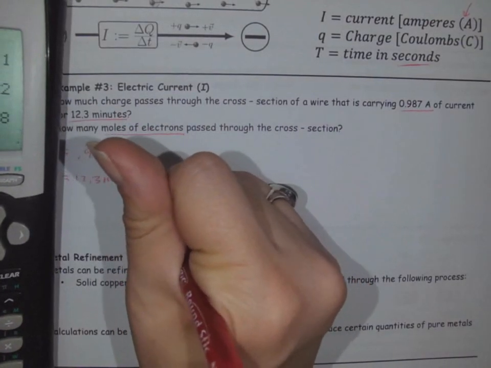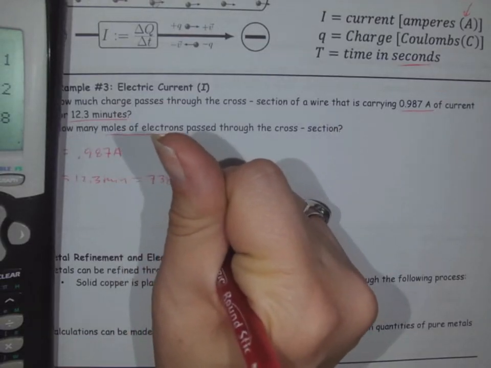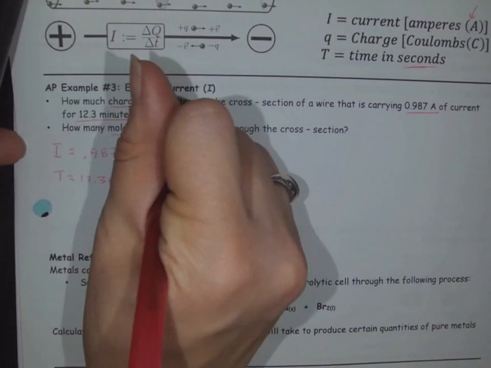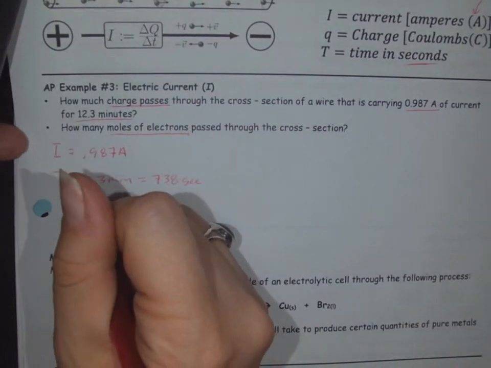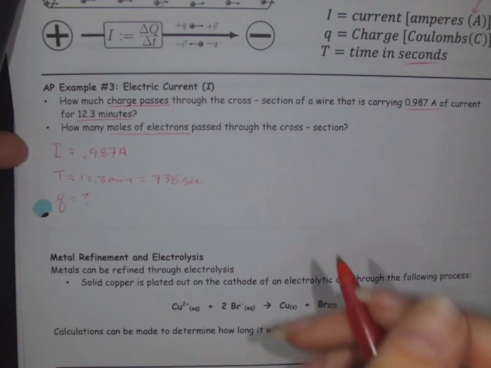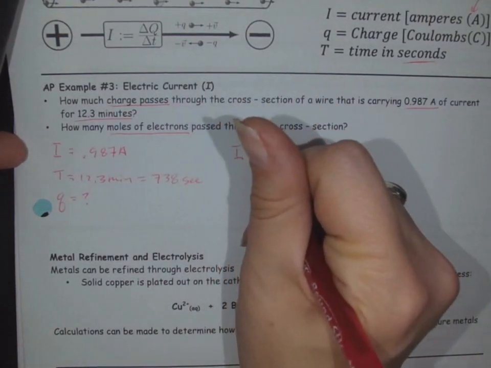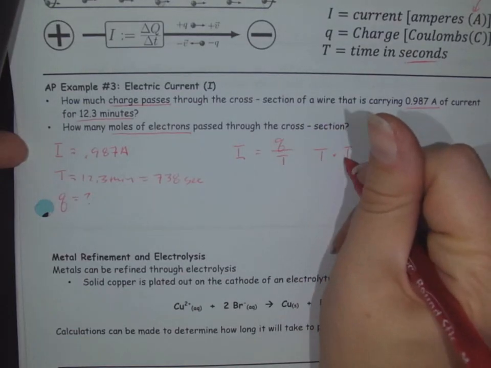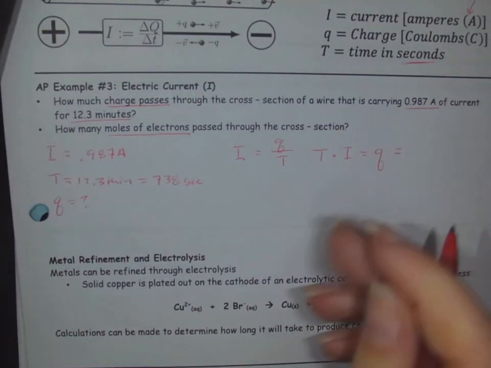And so this is 738 seconds. And we are going to need the charge, this Q value, that's what I'm going to solve for right now. So current is equal to Q over time. Time times the current equals Q.